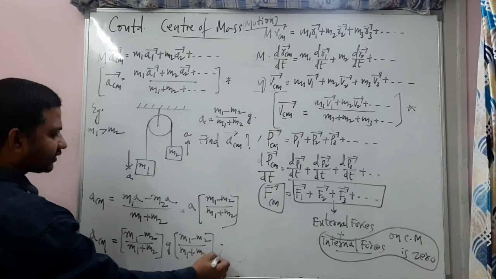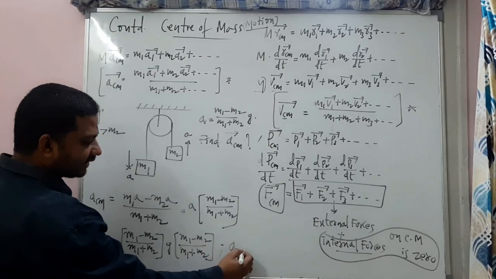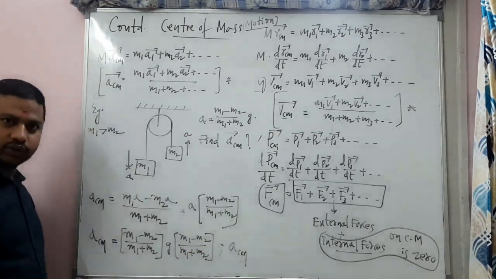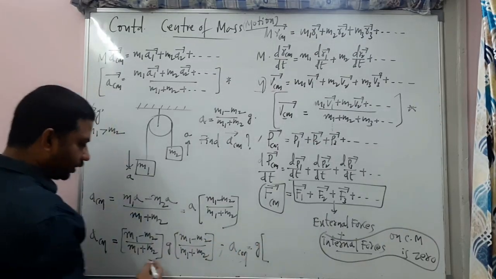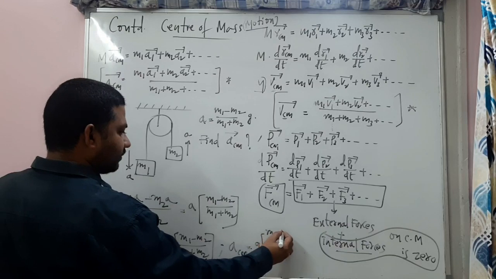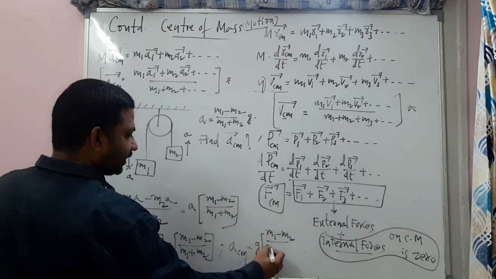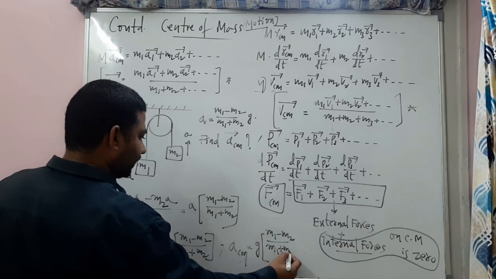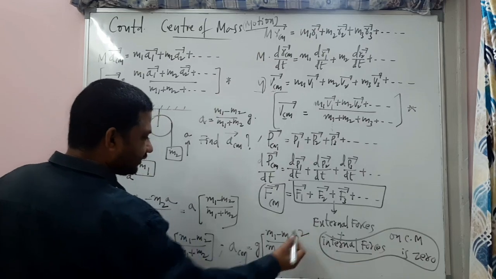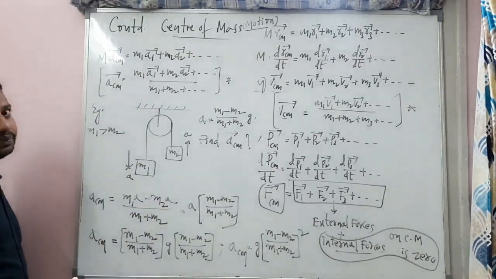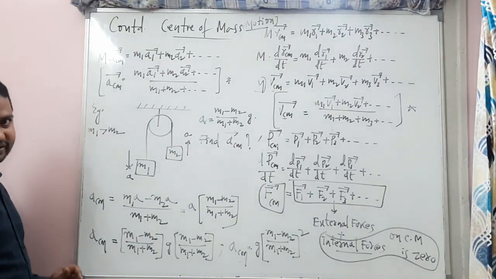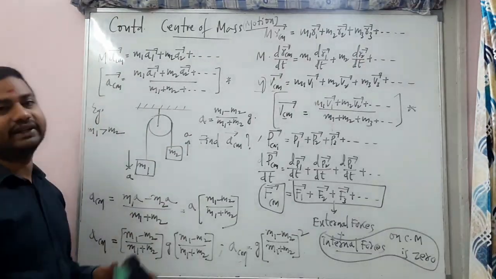What is the final answer, students? Final answer, acceleration of the center of mass is g into m1 minus m2 divided by m1 plus m2 whole square. That's it, right? So like this the numericals will be asked, and let's see some more numericals related to the motion of the center of mass.